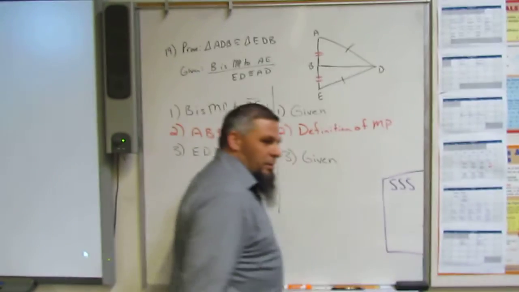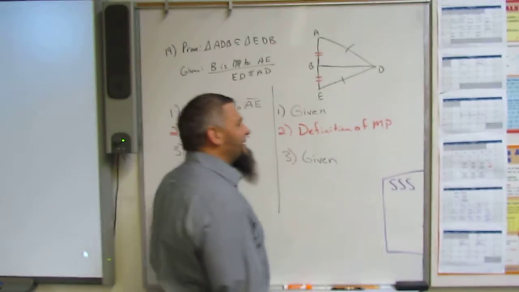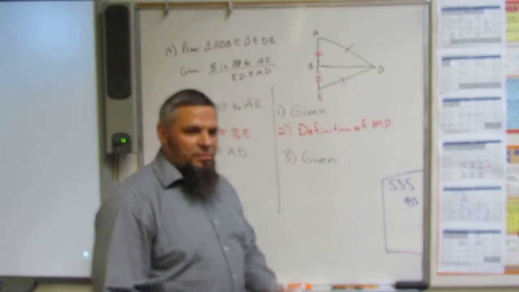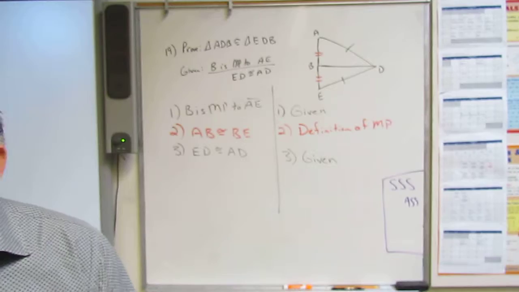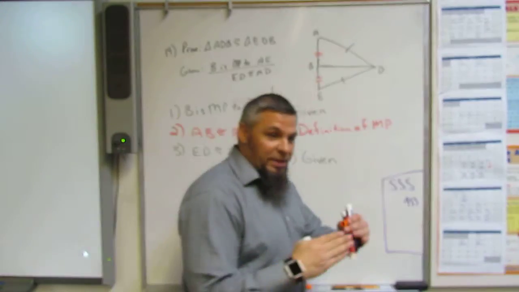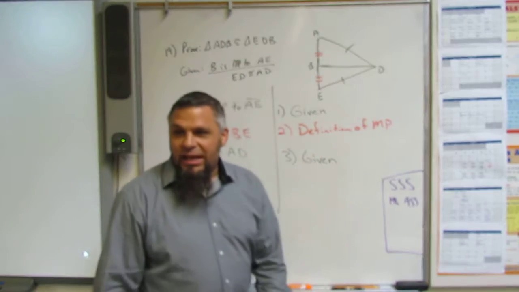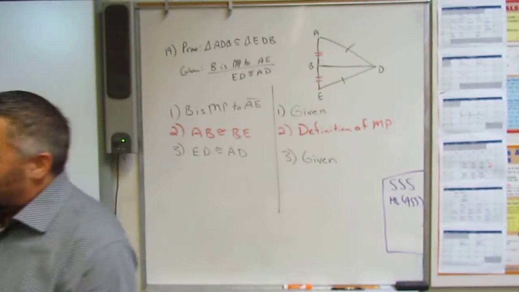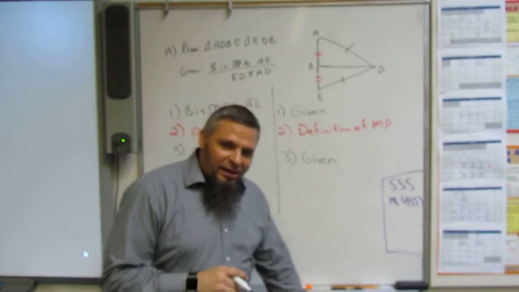Kiko, give me a rule. Angle, side, side. But only if it's what? Perpendicular, right? So it has to have a hypotenuse and a leg. So angle side side is only going to work if it's perpendicular. Give me another one.